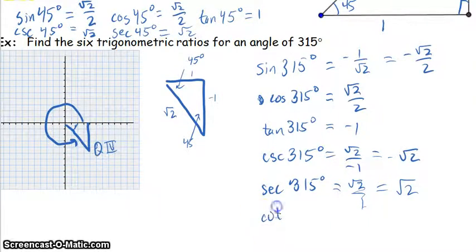Finally, the cotangent of 315 degrees is negative 1, or the adjacent over the opposite. So the cotangent of 45 degrees is just 1. So those are my 6 ratios for 45 degrees, and it's the same for any quadrant you're in. You just have to worry about the signs. In this case, cotangent and sine, tangent and cosecant are all negative.